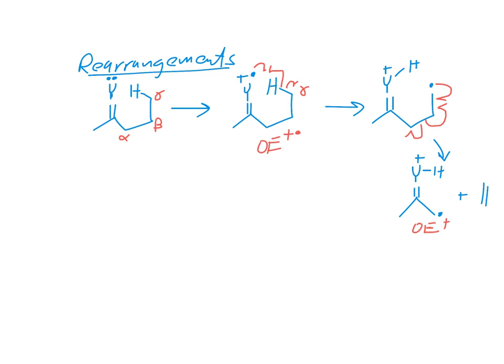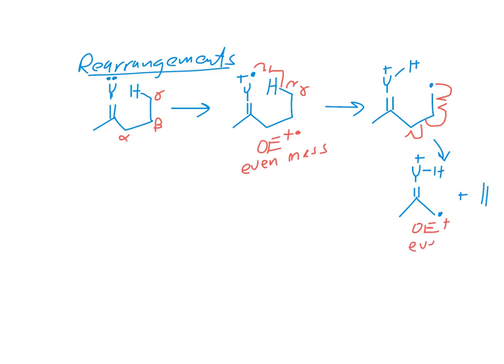Well, we end up with the radical here and we lose this neutral species, right? And in the process, we've transferred a hydrogen from the side that we would usually lose over to the radical ion. So if we start out with an even mass over here, what are we going to get for our odd electron ion as a fragment ion?